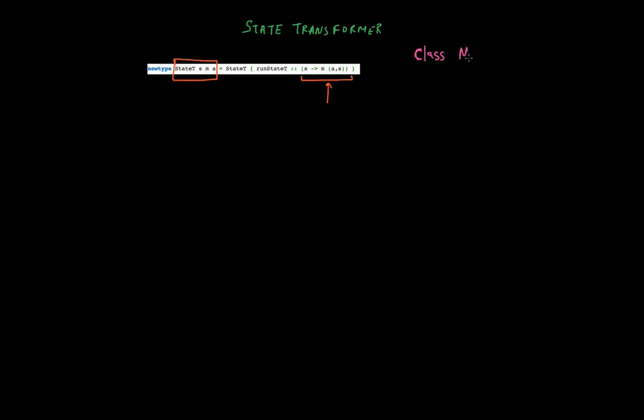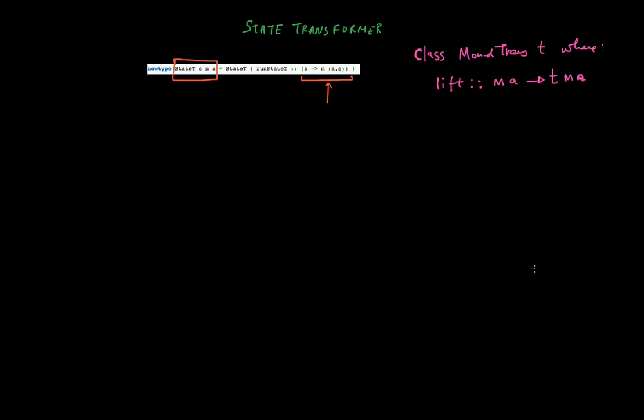I have class MonadTrans t where I have the lift method, and the type signature for lift is as follows. It takes in a monadic value m a, and it gives you back as output a lifted version of that value, wrapped in this type variable t. So I have t m a as my output.